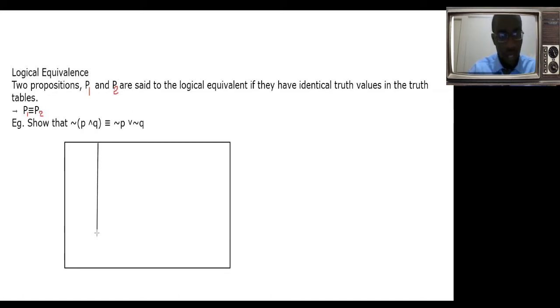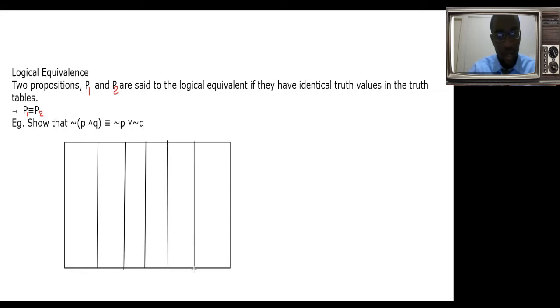To represent P and Q. So that part is for P. This part is for Q. Then we're going to need, clearly from right here, not P. Then we're going to need not Q. Then we're going to need P and Q. Then we're going to need the negation of P and Q, which is for over here.